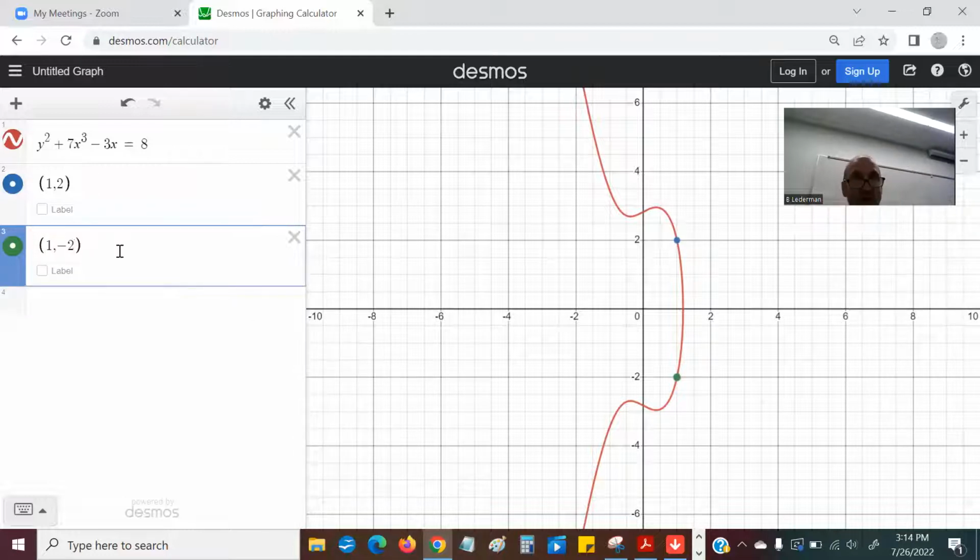So you see (1, 2) and (1, negative 2), they're both on the graph. All I know is that the slope of the tangent here would be negative 9 over 2. Now, we have to do a little more algebra here. I'm going to have to go back to the drawing board over here. Hold on.